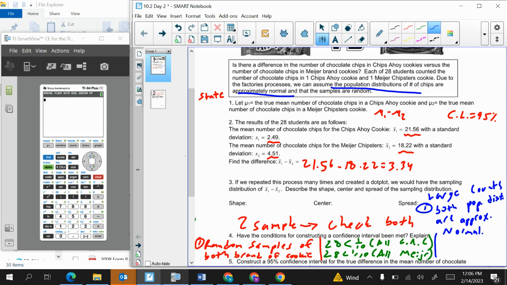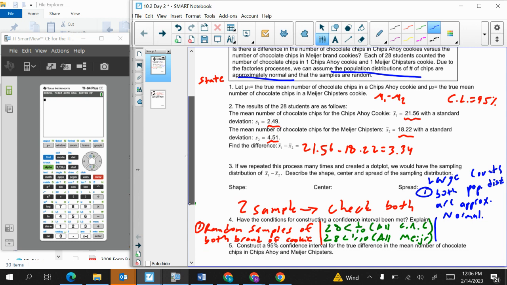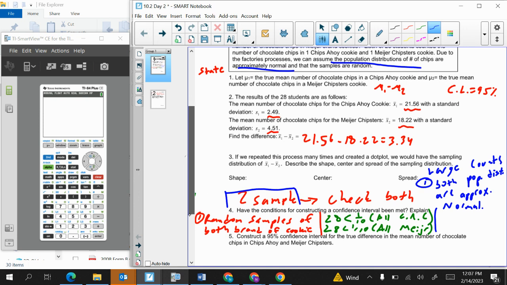Both population distributions are approximately normal. Right? And the key thing is both population distributions. They're both approximately normal. So again, you got to check it for both samples.